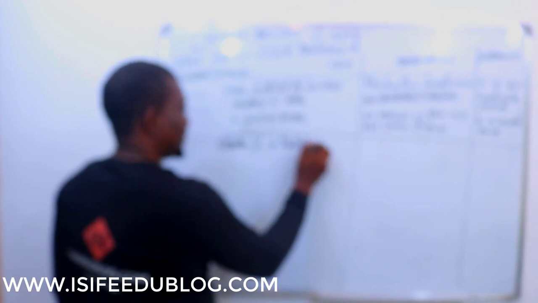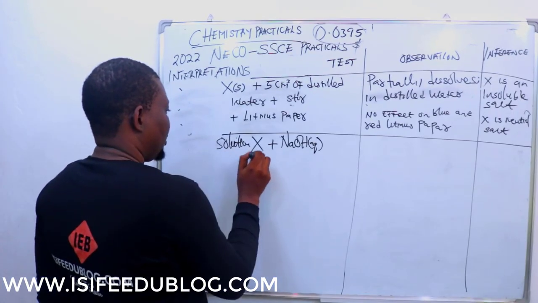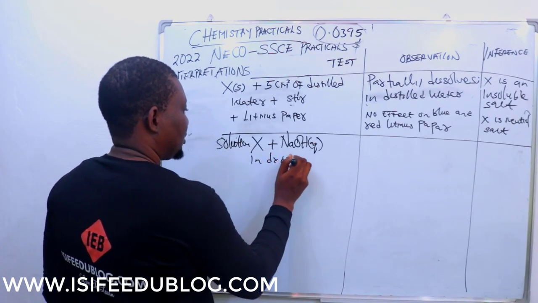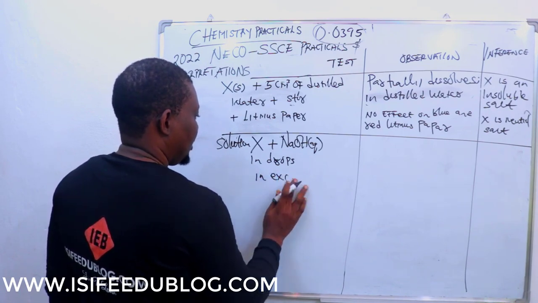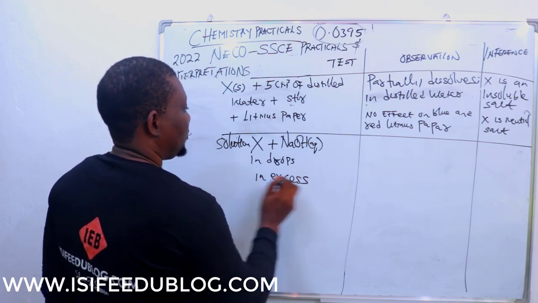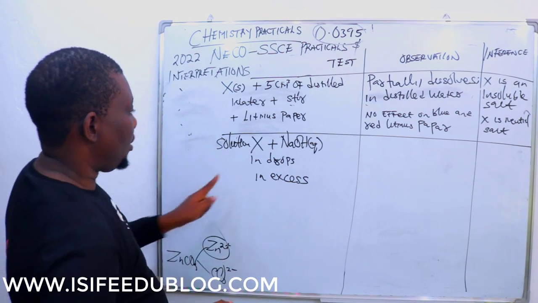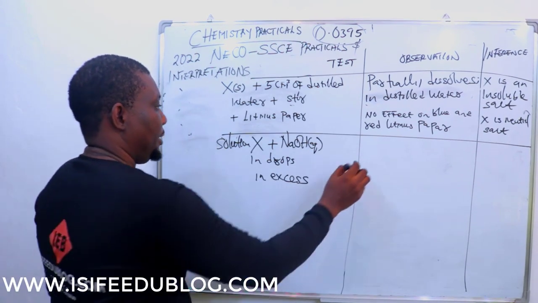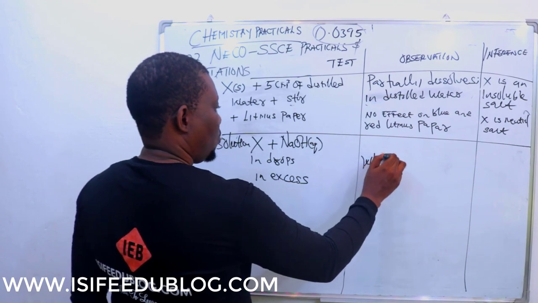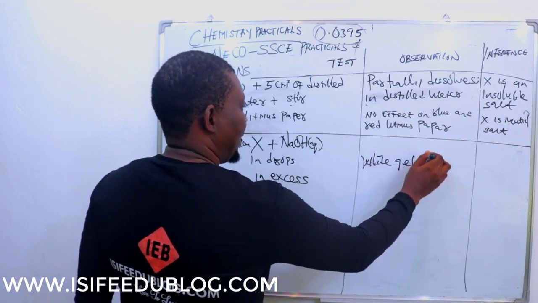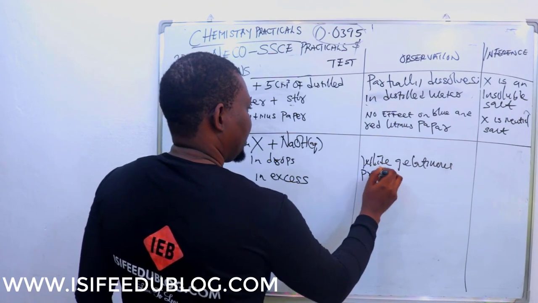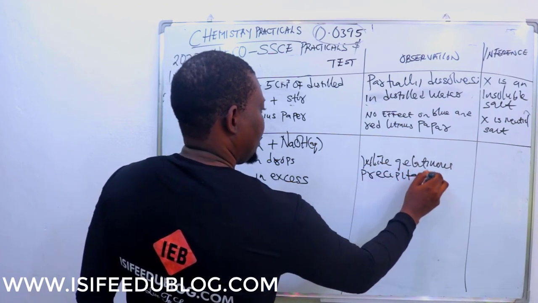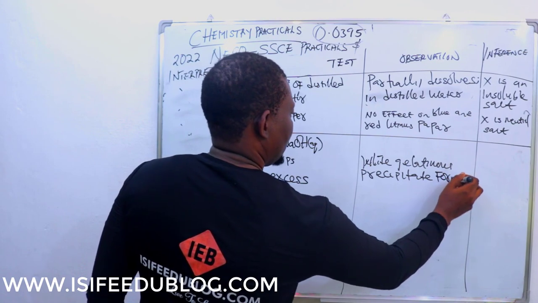NaOH aqueous. What is going to happen in drops is different from what's going to happen in excess of it. Under the drops, what do you see? White gelatinous precipitate formed.